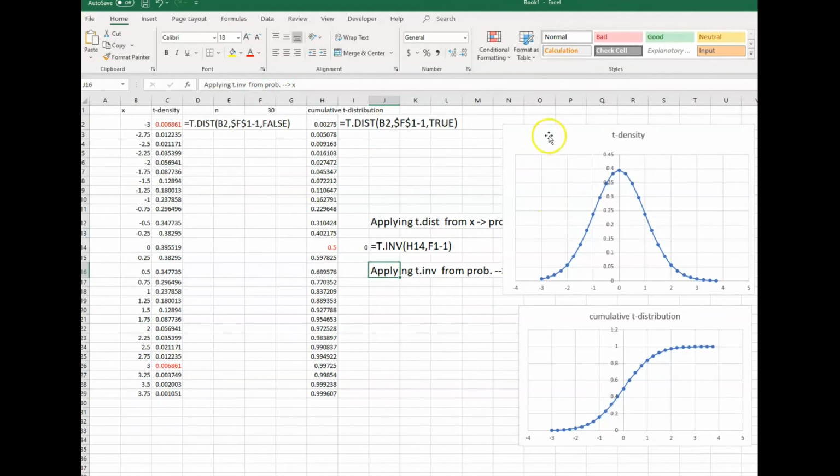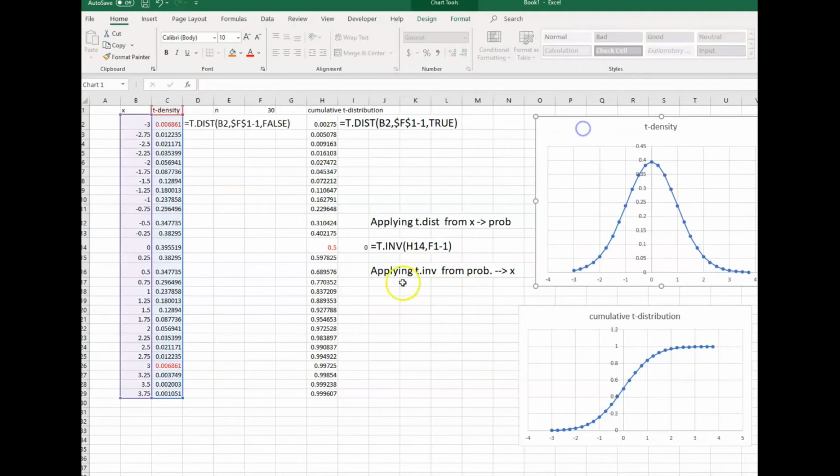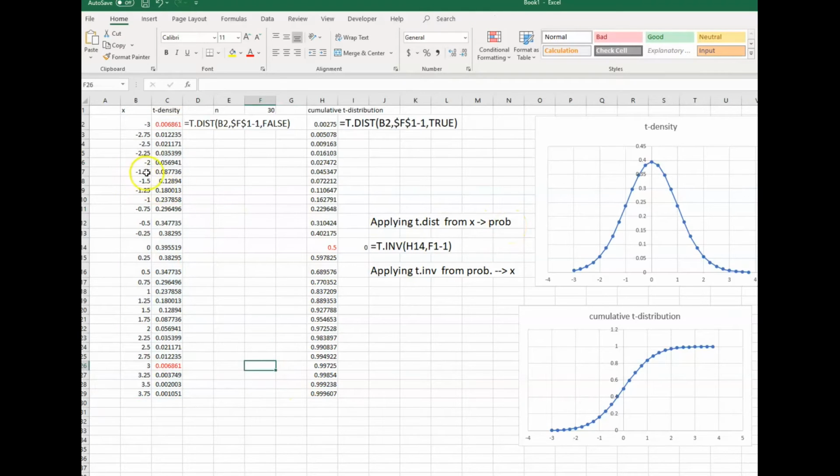So we have two functions. For the first function, we apply T.DIST, and for a given x, we calculate probability. Suppose x is -2, the cumulative probability is 5.6%. Its opposite, or inverse function, T.INV, works the other way.